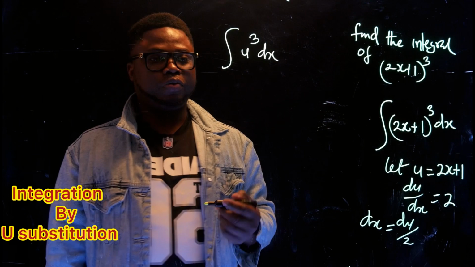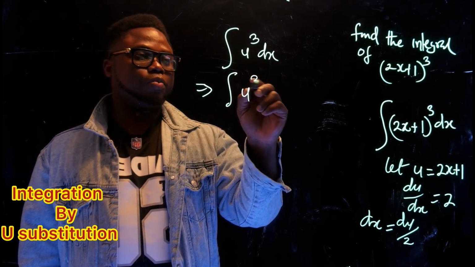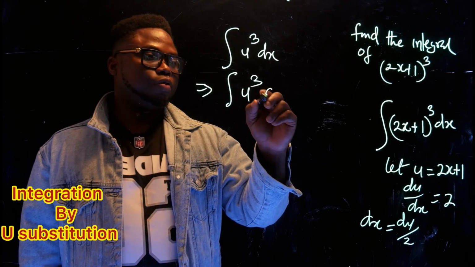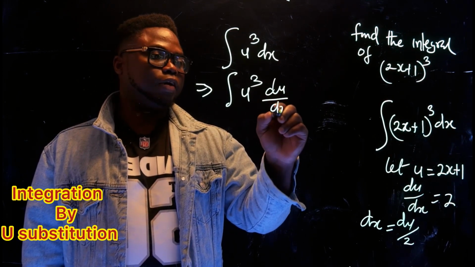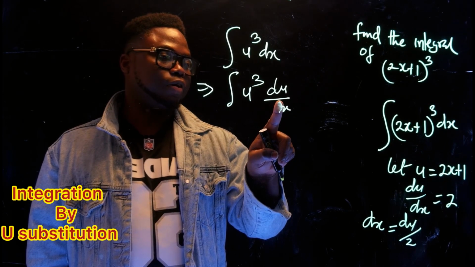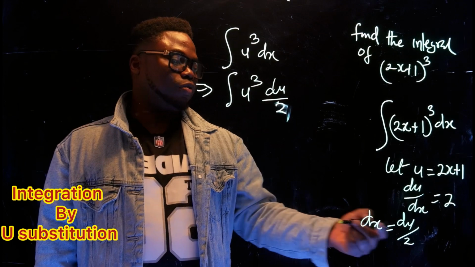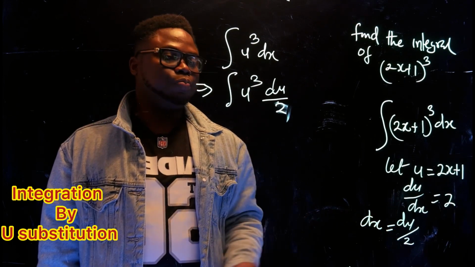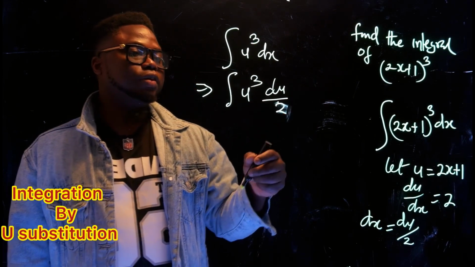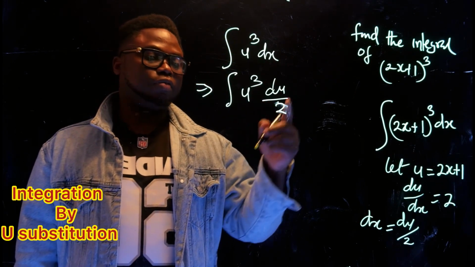So in this case, I now have the value of dx, which I will use to replace the dx here. So now this will become integral u raised to the power of 3 du over 2. Sorry, this is 2, because I'm replacing the dx with du over 2. So, remember that du over 2 is the same thing as 1 over 2 times du.